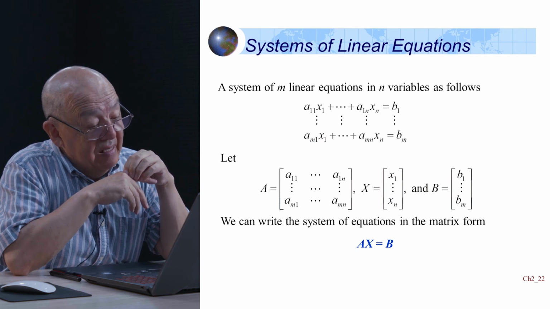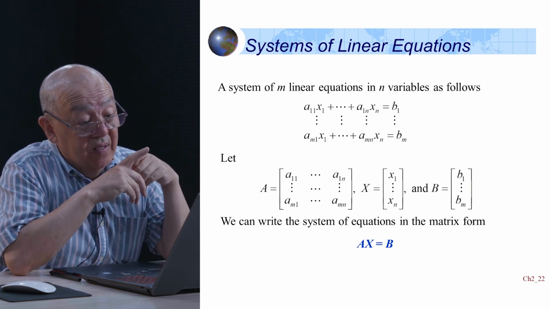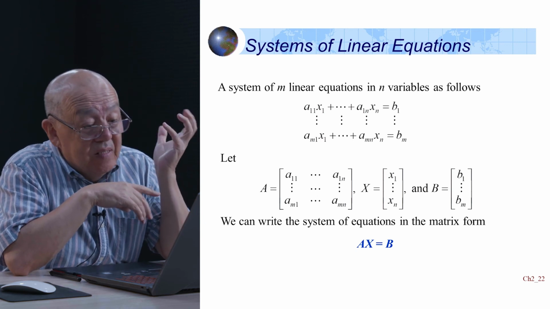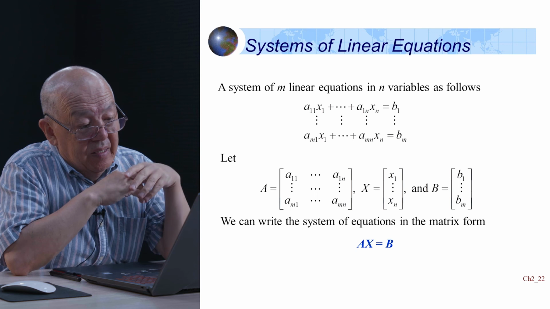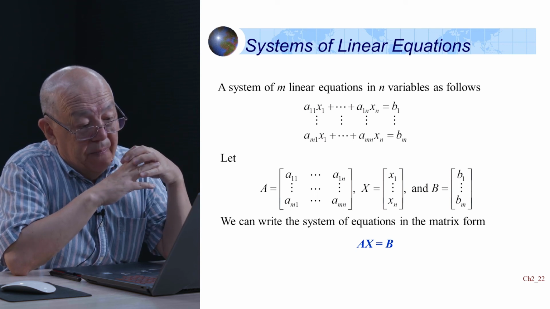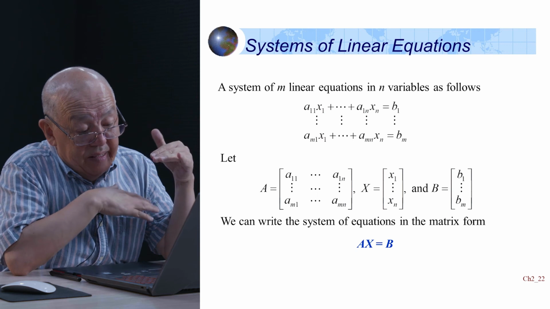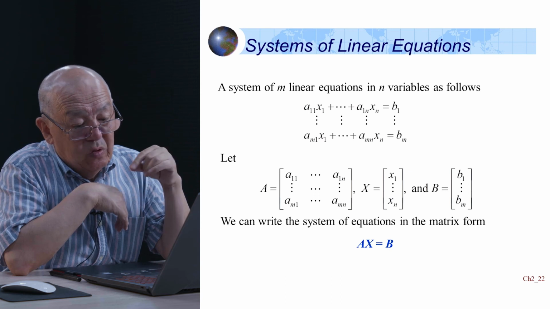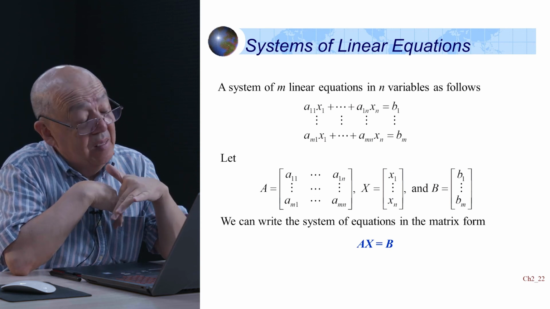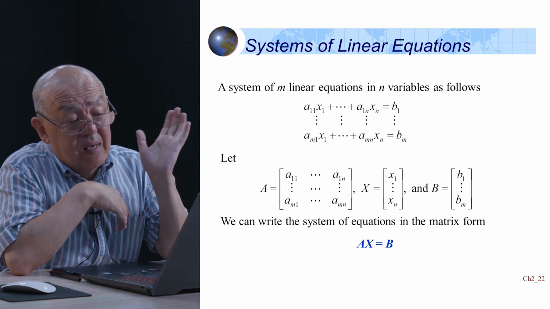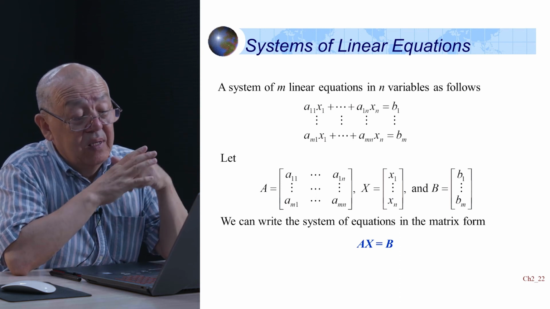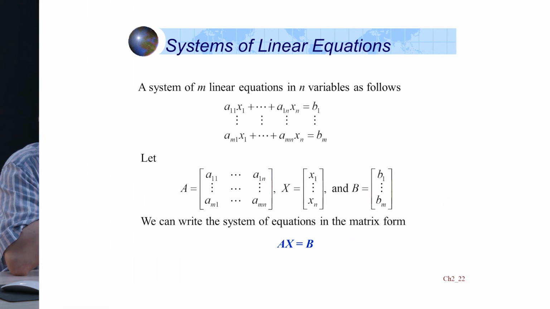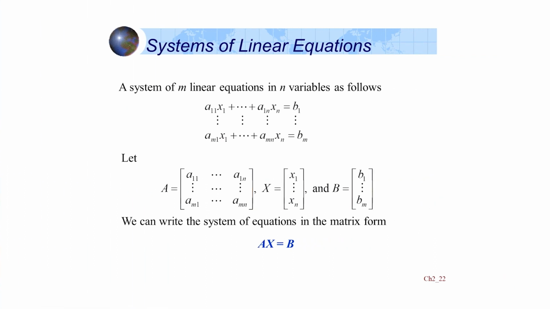Because of the presence of a free variable or variables, there may be many free variables, the number of solutions will be infinitely many. You know why? Because when we write the solution, these free variables are assumed to be equal to some parameters, and these parameters S, T, R may take any real value. So you have infinitely many solutions. This is just a comment about the numbers of solutions of systems of linear equations.